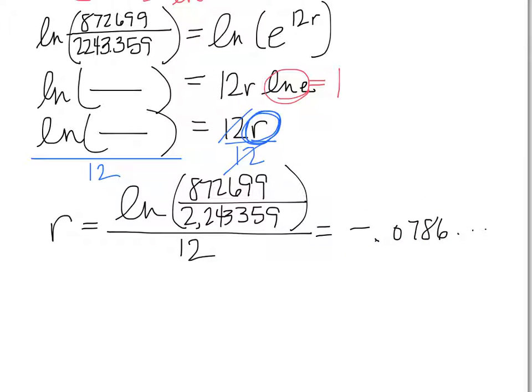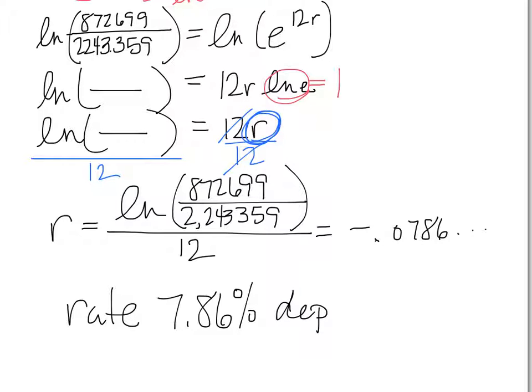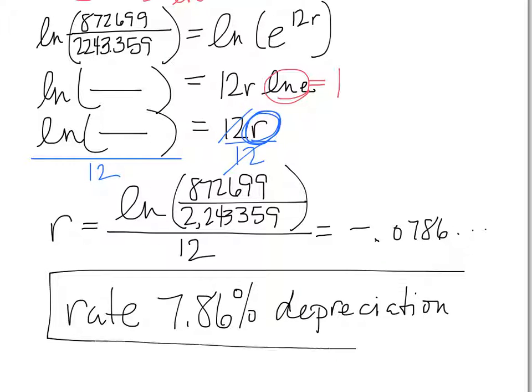The rate of depreciation is a percentage of 7.86%, and that negative tells me to say that it's a depreciation or decay. That's your best and final answer. Good luck.